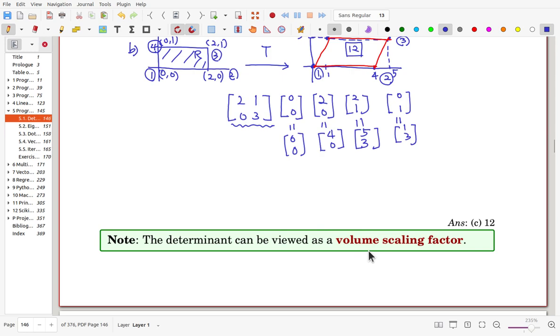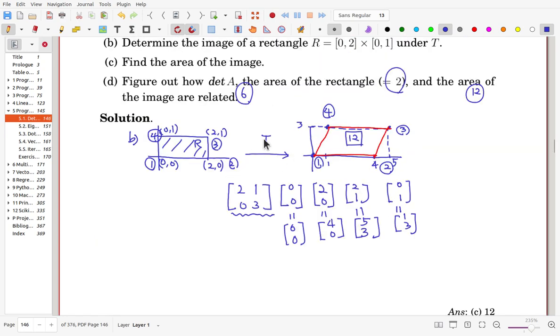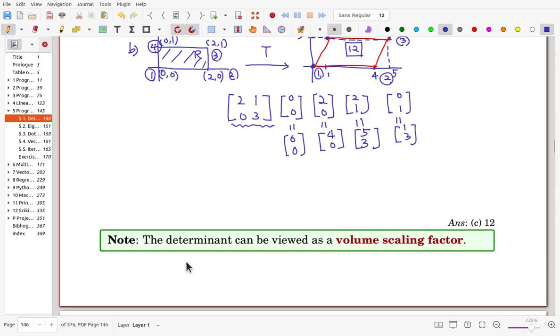We can find the general volume, and we can say that this area is a kind of two-dimensional volume, right? So the determinant has a geometric interpretation like this one, a volume scaling factor.